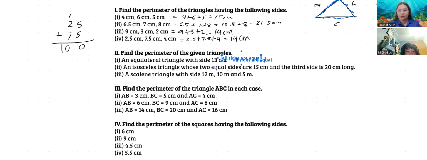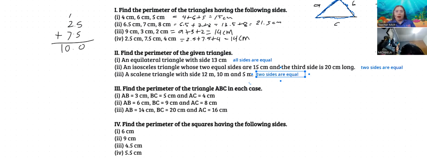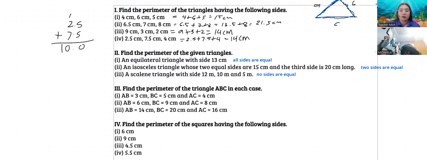Okay, very good. Only two sides are equal. How about if it is a scalene triangle? If it is a scalene triangle, anak, no sides are equal. So it means all of its sides have different measurements.